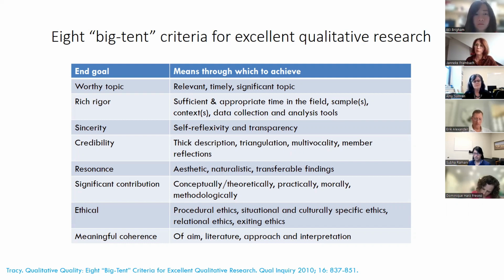Then the next one would be resonance. To what extent do your findings resonate with readers? This might be, I don't know, a little out of the box or strange one. She puts here aesthetics, for example. Your results need to also be aesthetic in the sense that they are attractive to readers.